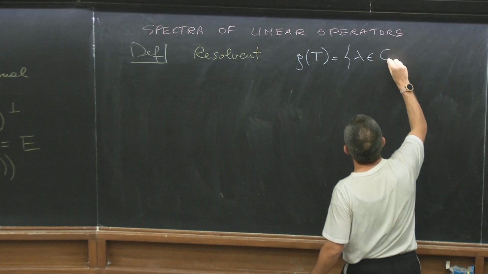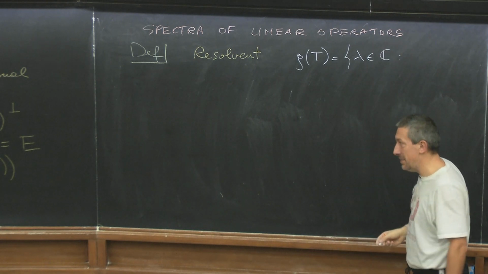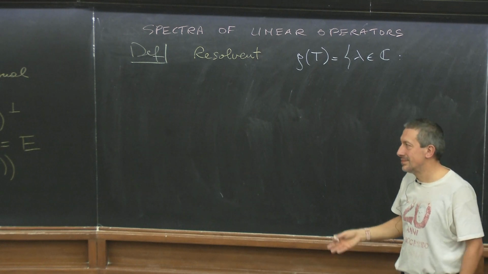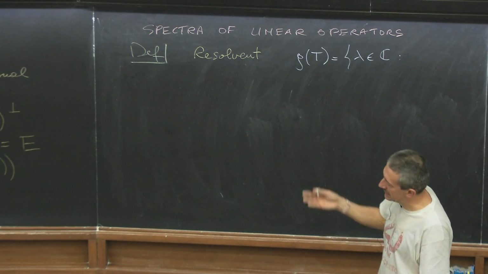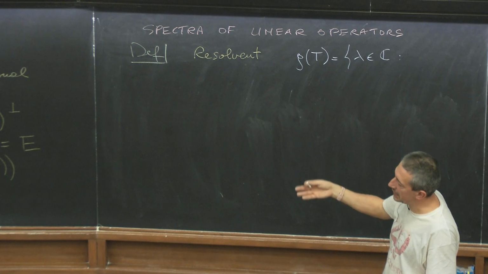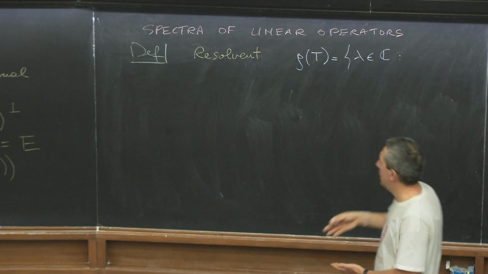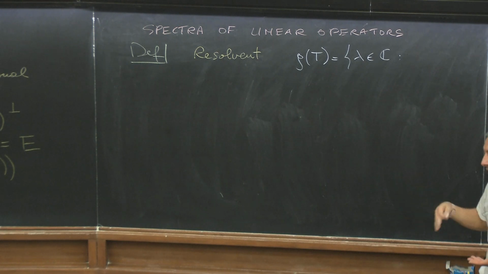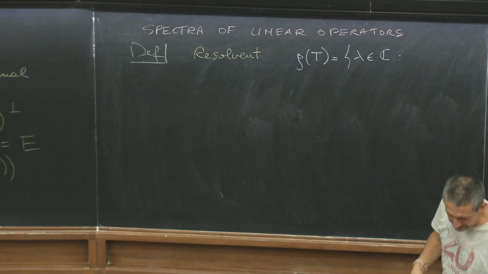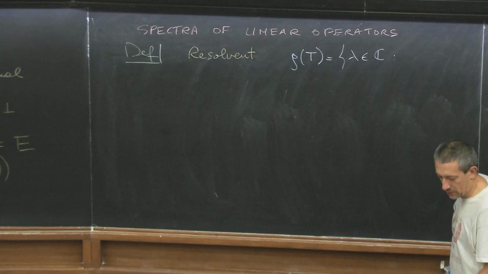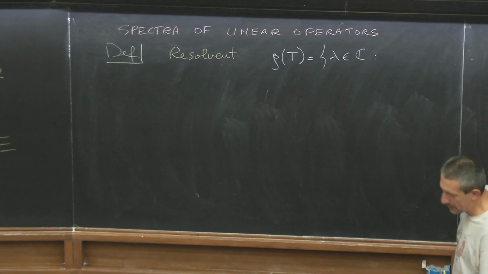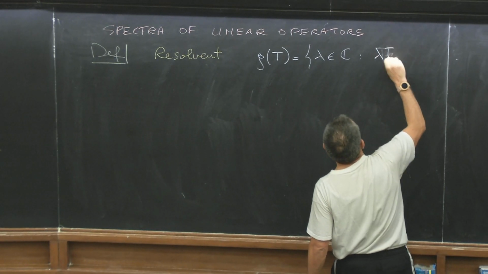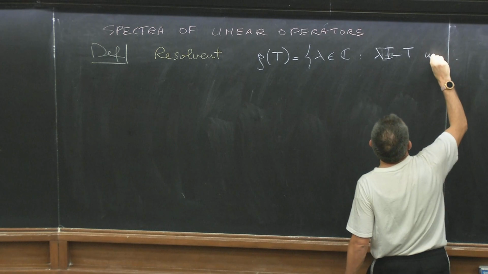I will write complex, because it is the best, and we will not be very precise, since we worked so far on real vector spaces and now I take complex numbers, but I think more or less the extension of many results is trivial. Okay, so such that lambda identity minus T is invertible.